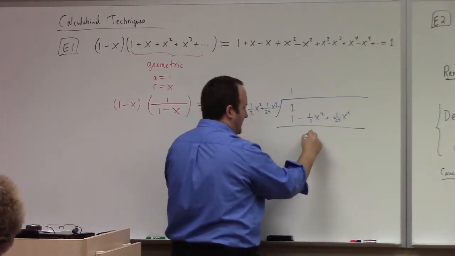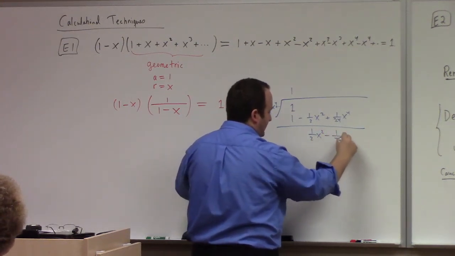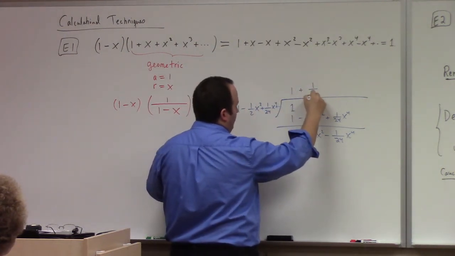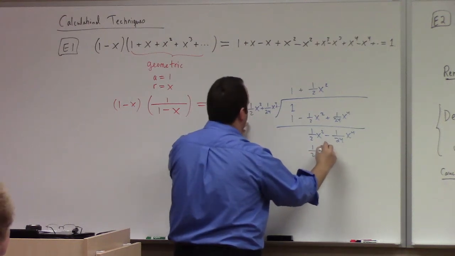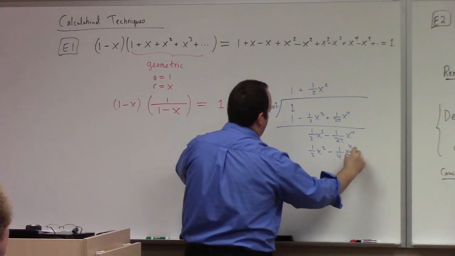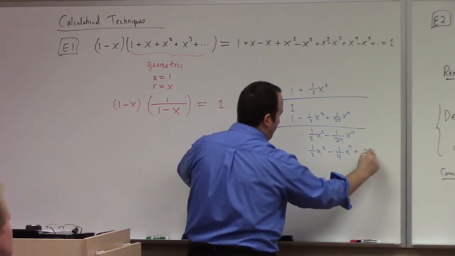I subtract those. That gives me 1/2 x squared minus 1 over 24 x to the 4th. So I do plus 1/2 x squared, which gives me 1/2 x squared minus 1/4 x to the 4th plus an order 6 term.